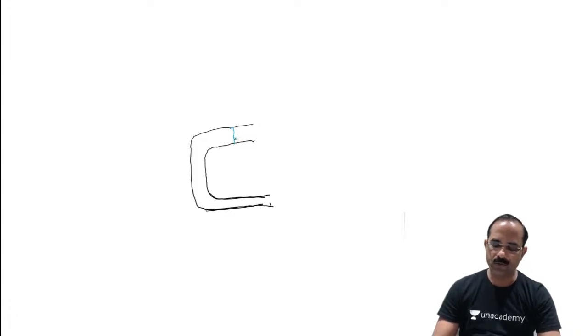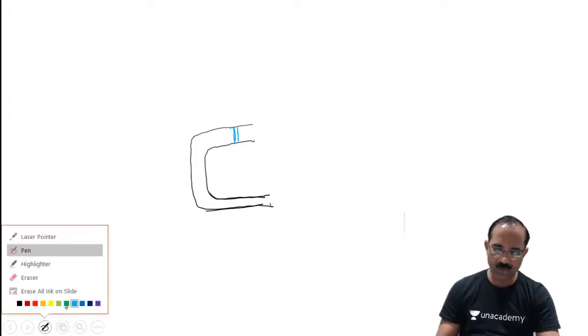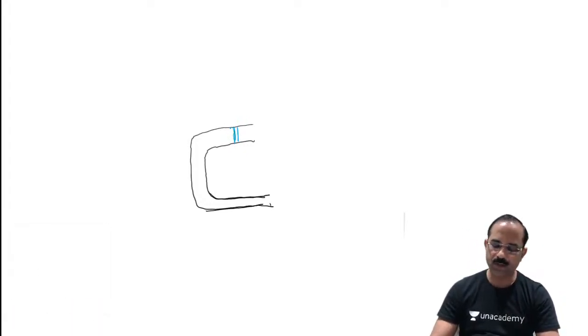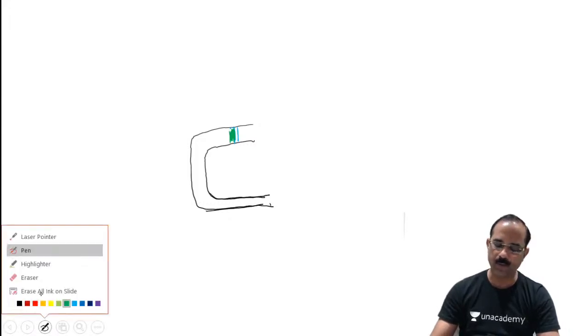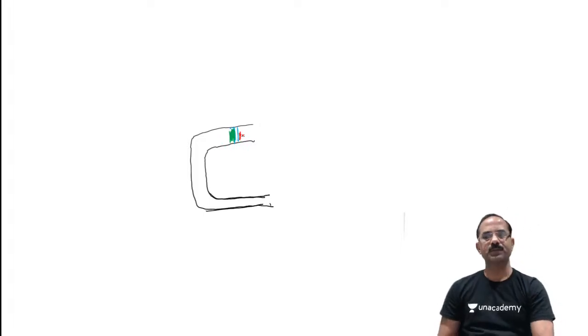Posterior relations of the first part of the duodenum: one, the portal vein, which is the most posterior. To the right of the portal vein is the bile duct, and to the left of the portal vein is the hepatic artery.